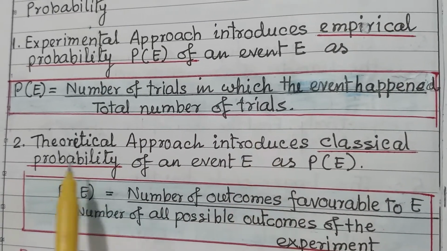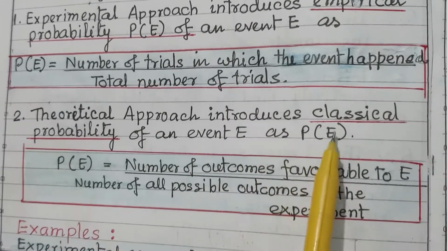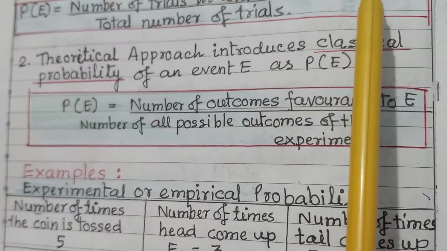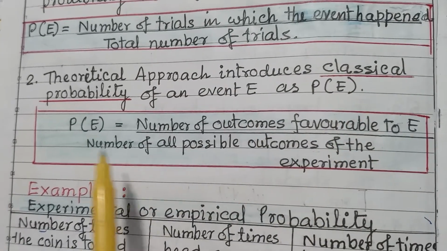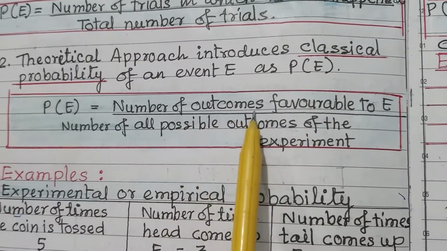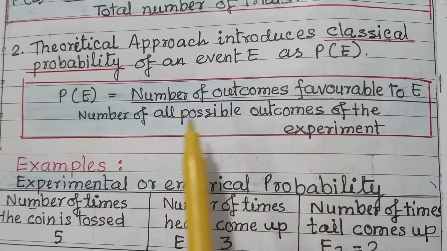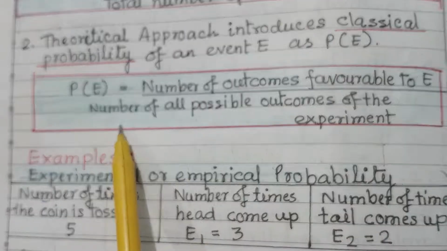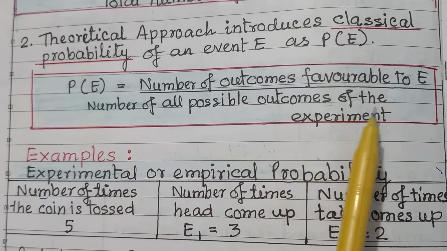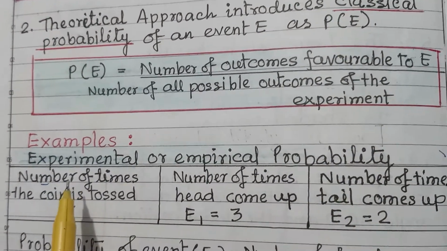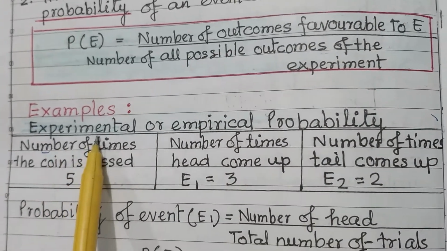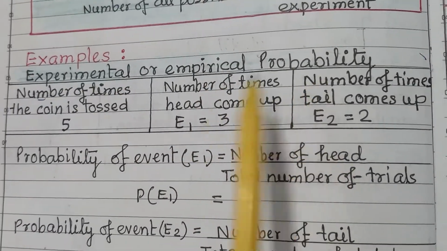Now the theoretical approach introduces the classical probability. So there is empirical probability and classical probability. Classical probability is the number of outcomes favorable to the event divided by the number of all possible outcomes of the experiment.